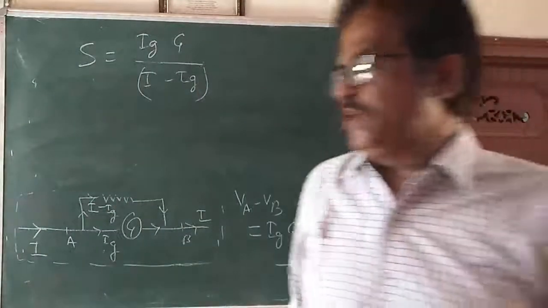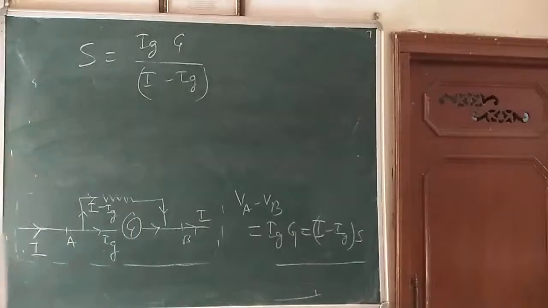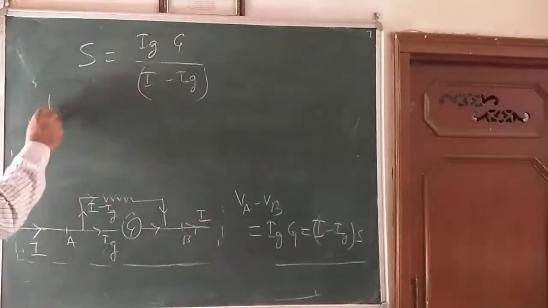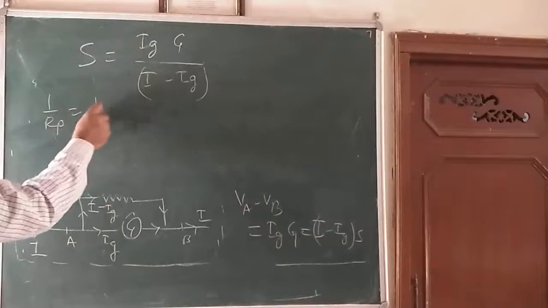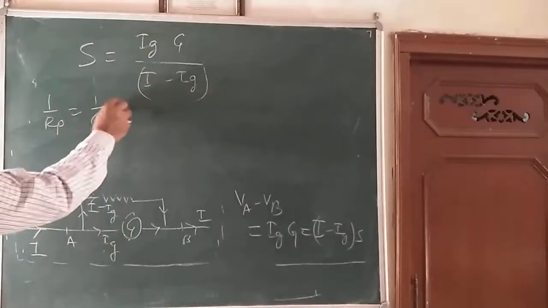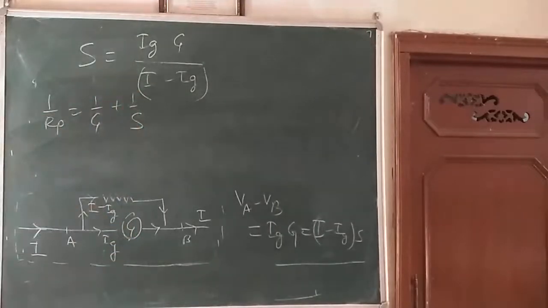Is it clear? Now I want to see how I can get the effective resistance Rp of this ammeter. The effective resistance we can calculate here: 1 by Rp is 1 by G, the galvanometer resistance, plus 1 by S, the shunt resistance.